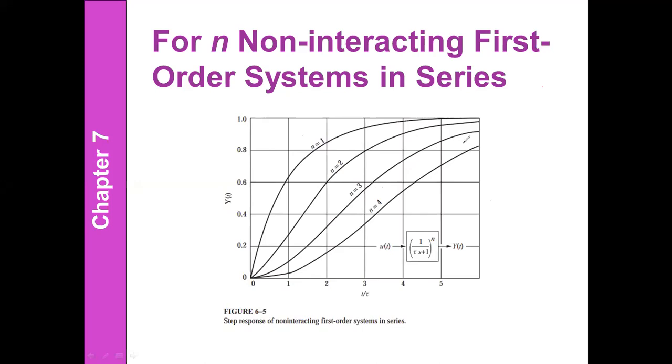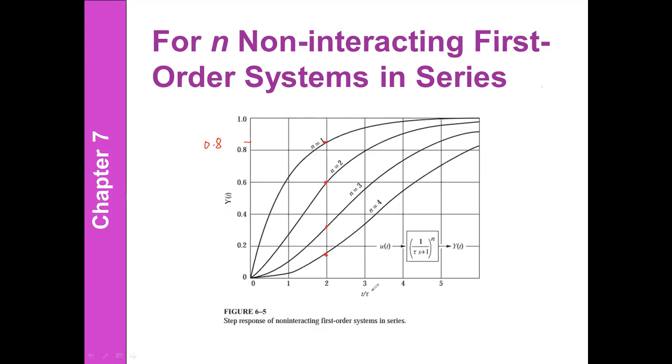Let's say, for example, we'll just compare for a T over tau value for these 4 different scenarios. In here, you have 4 tanks. In here, you have 3 tanks, 2 tanks, and 1 tank. The response reaches its maximum of 0.8 for this time over tau value of 2 when it's only 1 tank that you have.